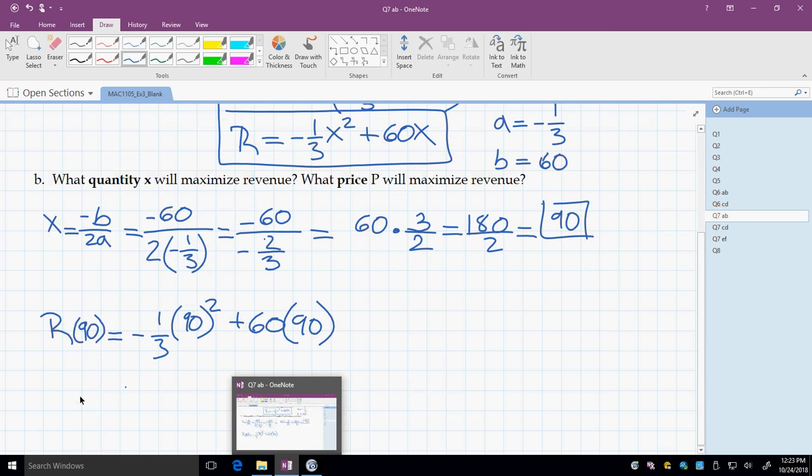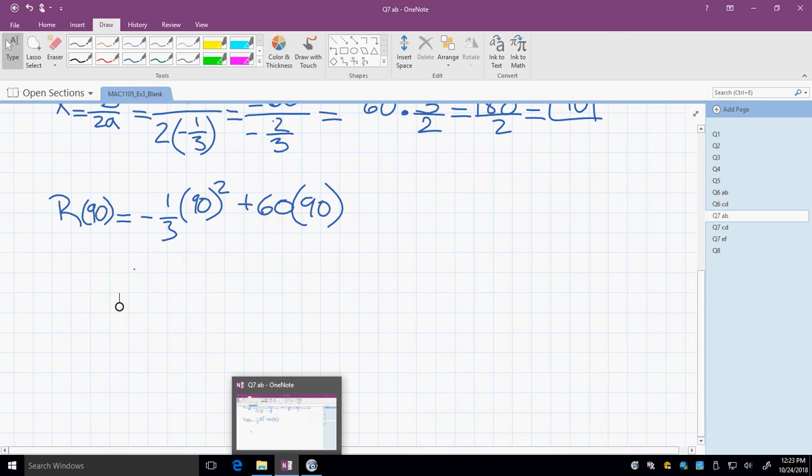If I solve that, 90 squared is 8100. 60 times 90 is 5400.